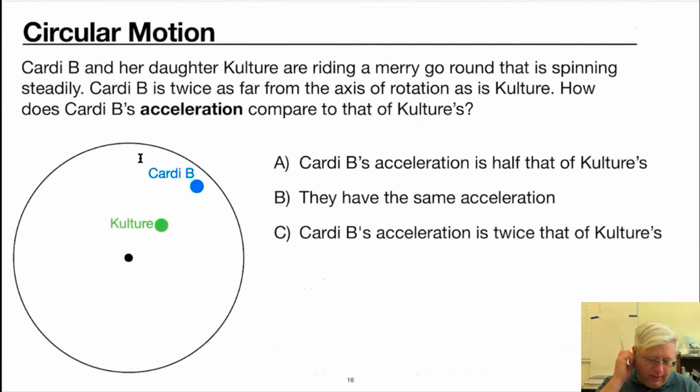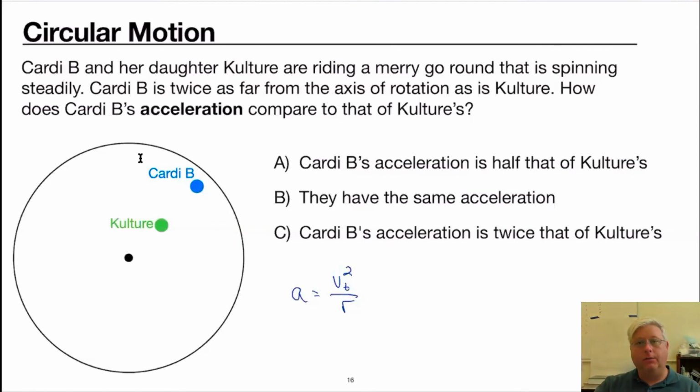Okay, and then finally, same situation, how can we compare their accelerations? So we said that acceleration is v squared over r, that's the v tangential squared. We know that Cardi B is twice as far.